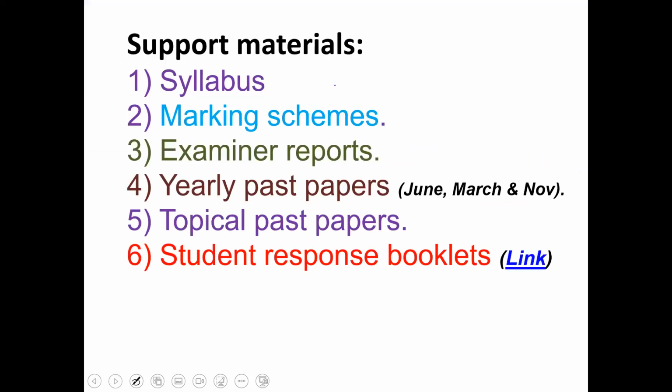The support which we use in CIE, as in O-level style, we have a syllabus to follow. We have marking schemes, examiner reports, yearly past papers, June, March, and November. We follow topical past papers, which I actually prefer when I'm teaching, where you complete one chapter and do the past paper along with it.